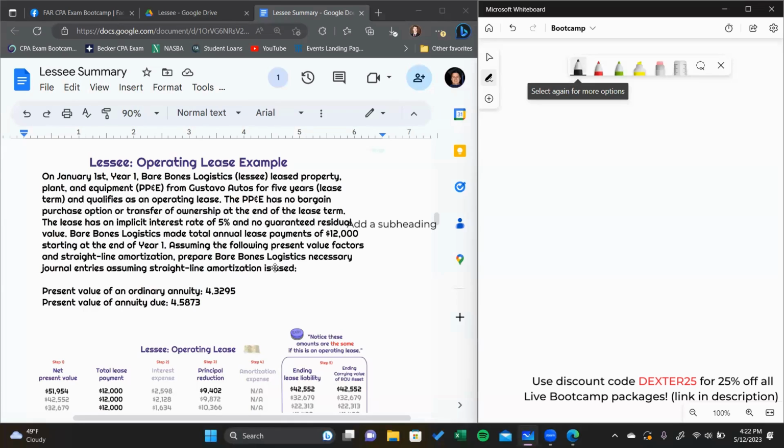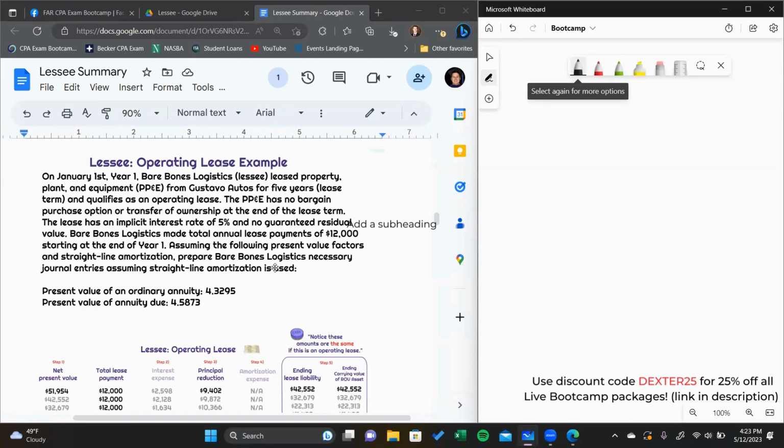So remember, for the lessee, we always pick the implicit rate. So we go with the present value factor that uses the implicit rate unless we are told that they don't know what this rate is. If we are told that they don't know what the implicit rate is, then we want to pick the present value factor based off of the incremental borrowing rate.